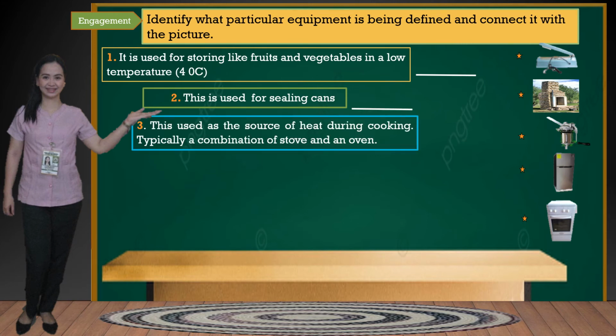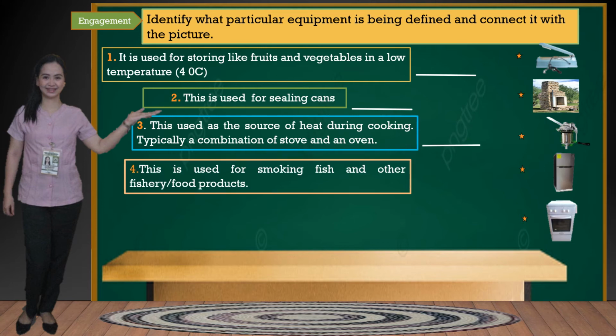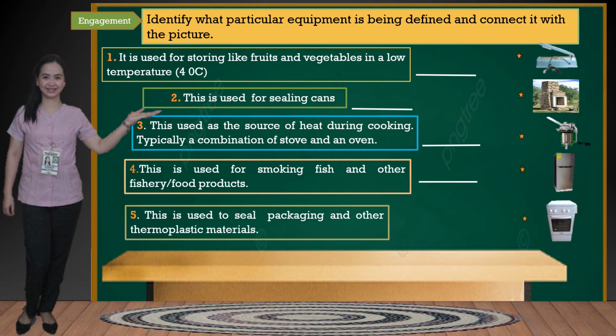Number 3, this is used as the source of heat during cooking, typically a combination of stove and an oven. In number 4, this is used for smoking fish and other fishery or food products. Lastly, in number 5, this is used to seal packaging and other thermoplastic materials.